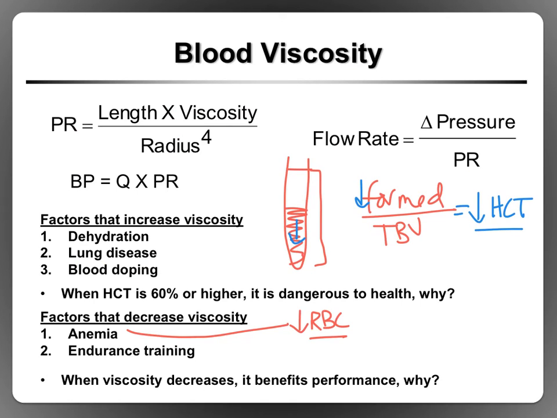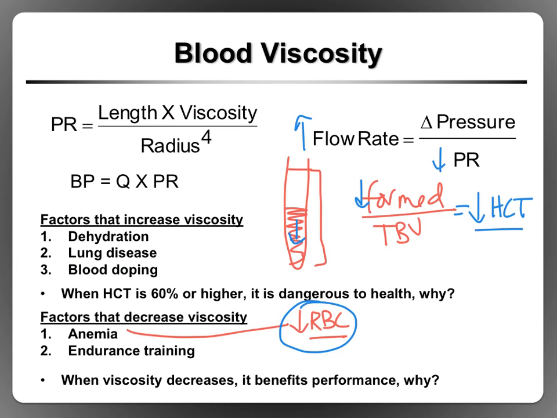Okay, and if hematocrit decreases, that means your blood is less viscous. Okay, the problem with anemia is that you have low blood cells. So you might be thinking, oh, low hematocrit, oh, low peripheral resistance, high blood flow. Okay, that's great for performance, except that if you have low red blood cells, you're not going to be able to carry as much oxygen. So anemia is not good for performance.